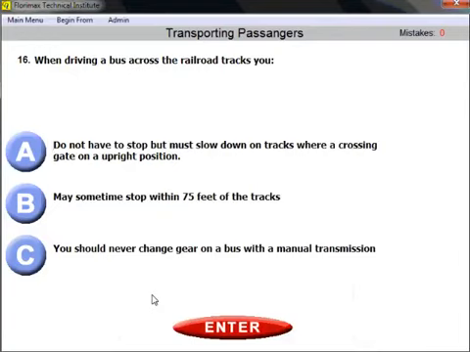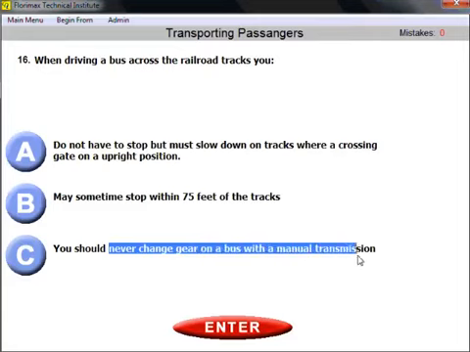Question number 16. When driving a bus across the railroad tracks, you're asked what you should or should not do. Again, remember, it's very important: you should never change gear on a bus with a manual transmission.